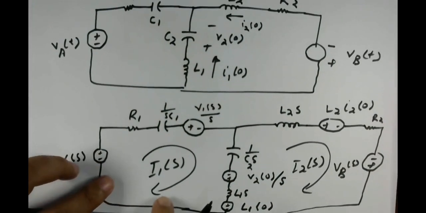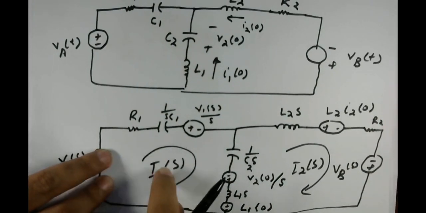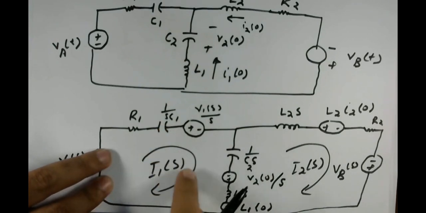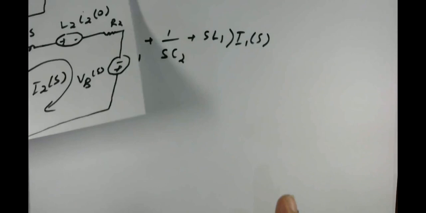This is what I did. I took I1 multiplied by this, I1 multiplied by this, I1 multiplied by this, I1 multiplied by this.